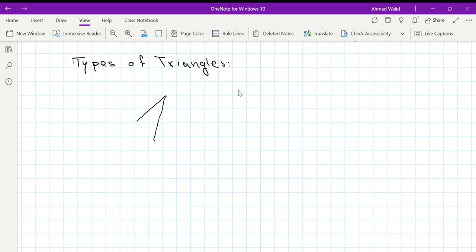If I draw this triangle, you will see all the angles of this triangle are acute.